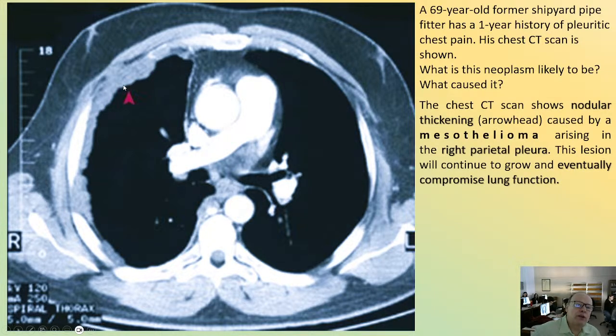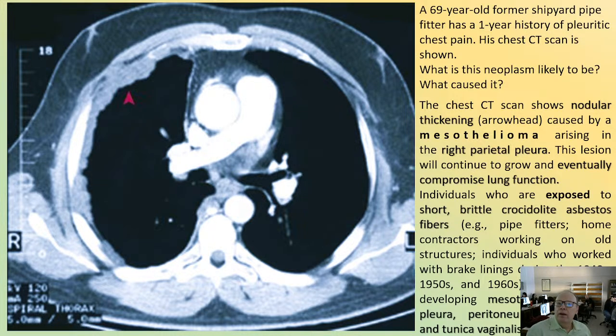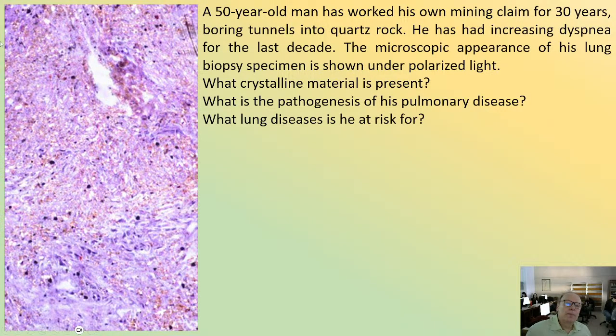And if it continues to grow, you understand that it will cause problems to the function of the lung. So, now, here is another area of fibrosis in the lung. And this patient, you see, worked in tunnels, and he has had increasing dyspnea for 10 years.